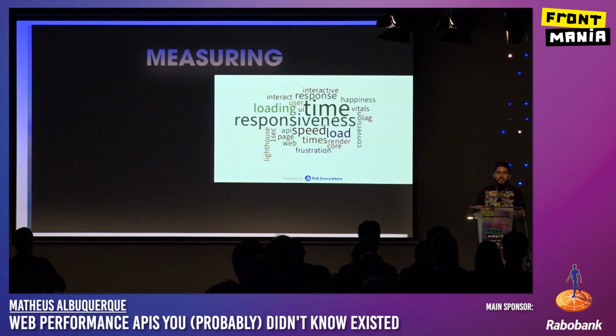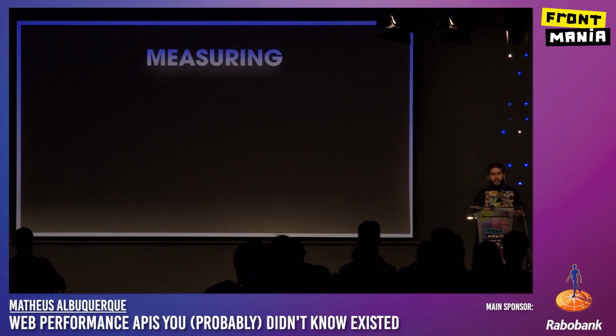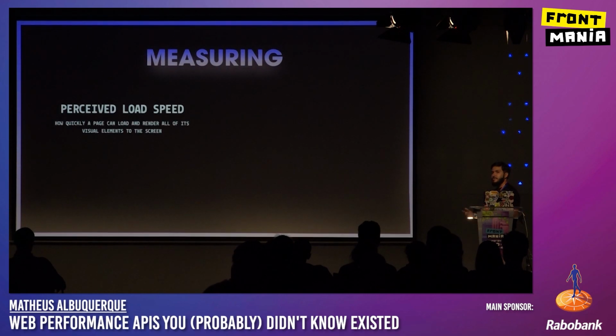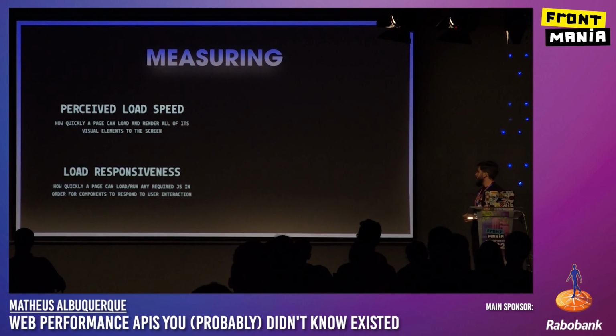So if I were to list a few things regarding measurement or metrics, first we have what's called perceived load speed. It's a loading metric, and that's basically how fast it can load and render everything to the screen, the visual elements. We also have load responsiveness, which is really related, but this one is about running the code that is required for the component, for example, to be responsive.